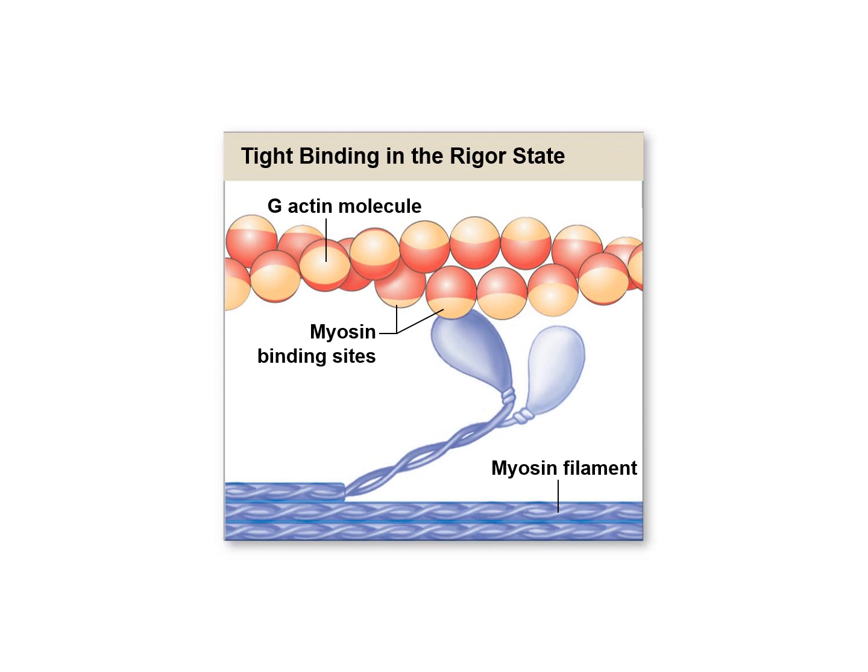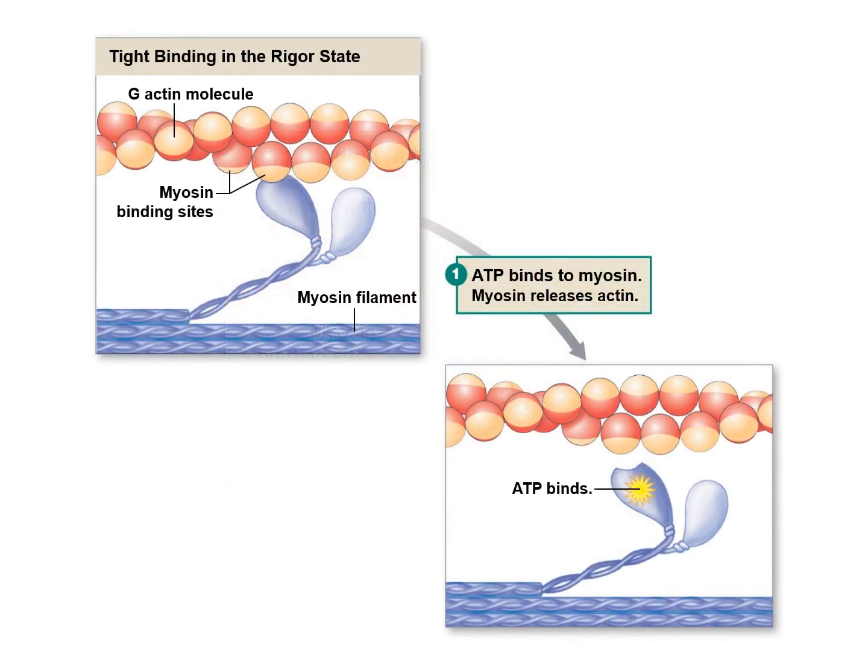We need ATP to come in and allow us to release this myosin head. And that's what's happening. ATP comes in, it binds the myosin, and the myosin releases, first of all, releases the actin, and that allows it to hydrolyze the ATP.